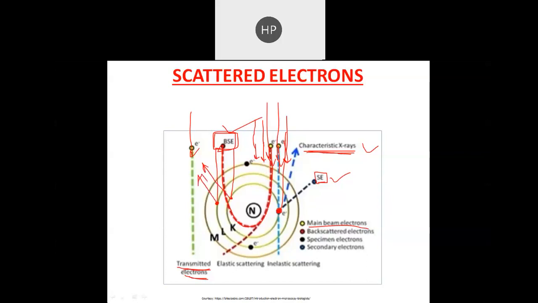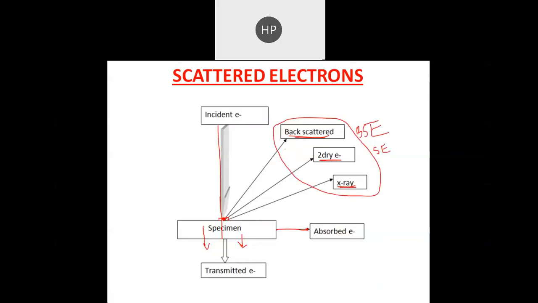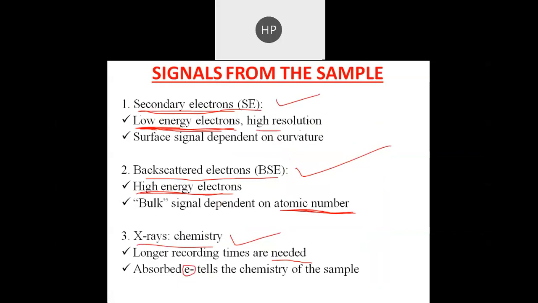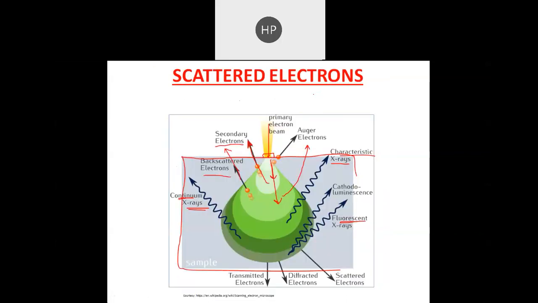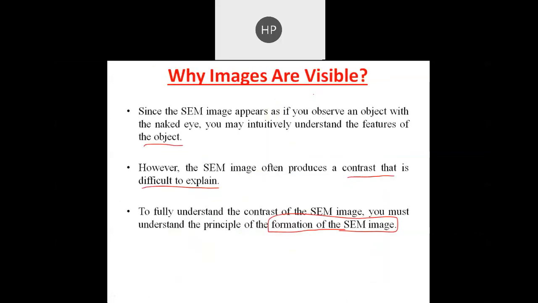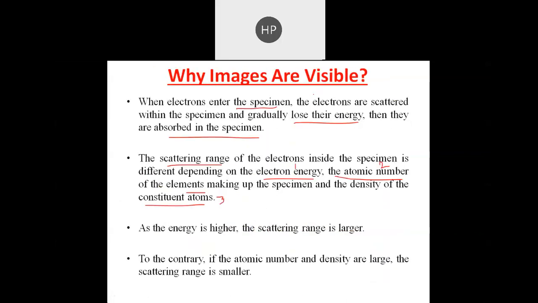Based on that we are able to get high resolution, because the high resolution depends upon the secondary electrons. So we are able to get various depths of the image.